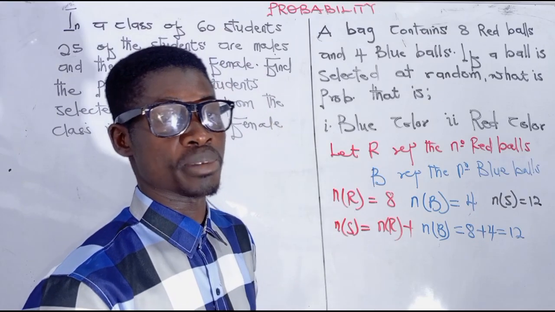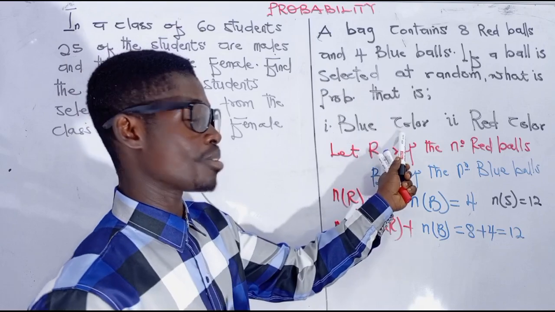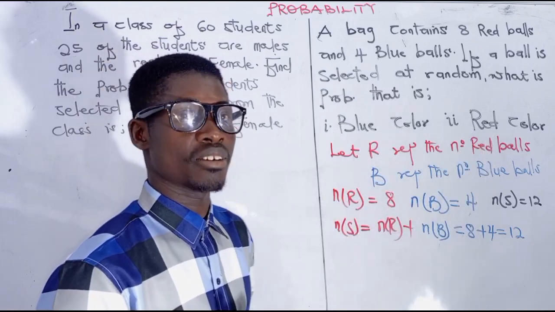Once you know all of this information, you can proceed to find the probability of obtaining a blue ball from the bag and then a red ball from the bag.